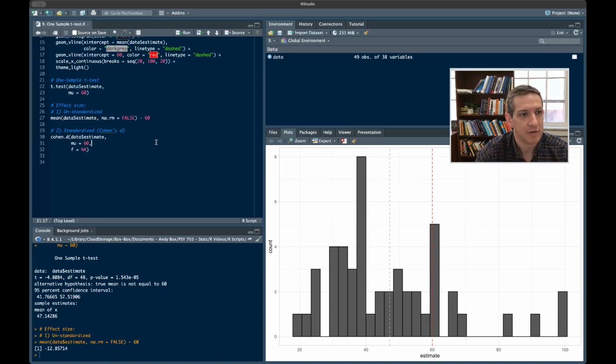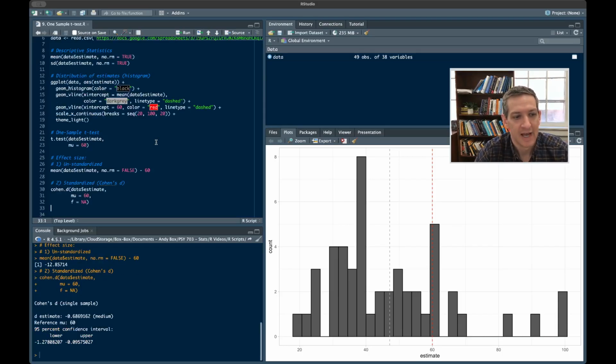And if you do that, it'll take that 13, that raw difference that we observed, and it will divide it by the standard deviation of our sample, producing a Cohen's d, an estimate of the effect size expressed in units of standard deviation. And here we see that the estimated Cohen's d is negative 0.6869, and so on. And you'll see that that is described as medium.